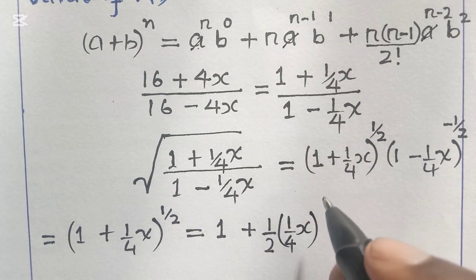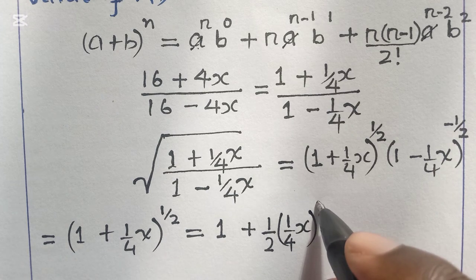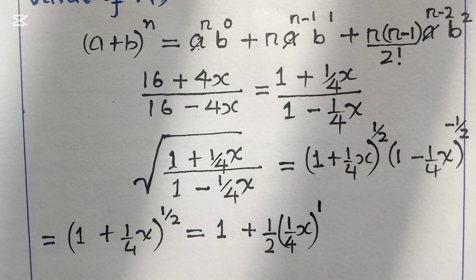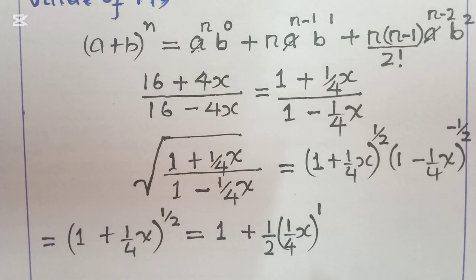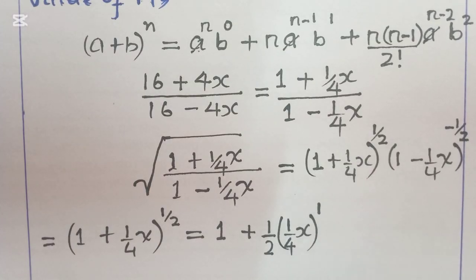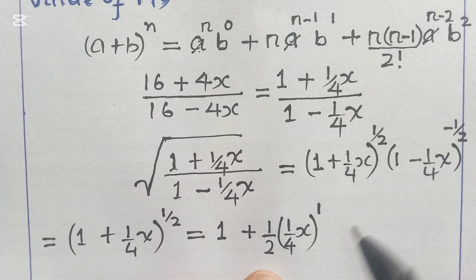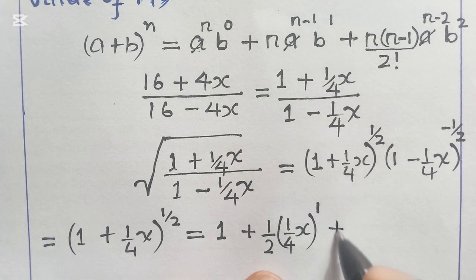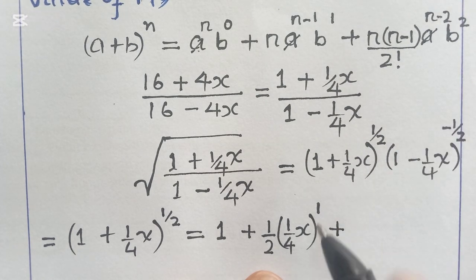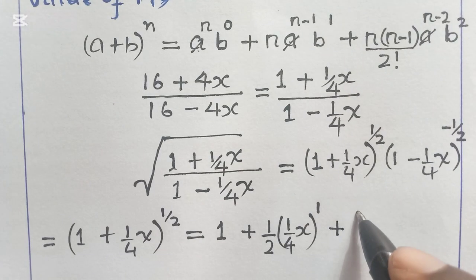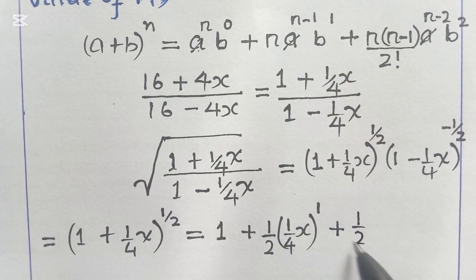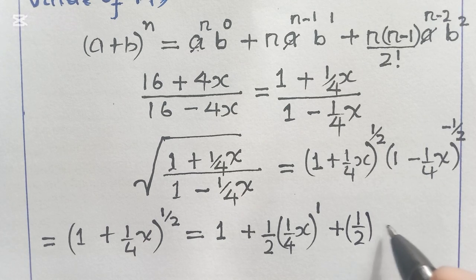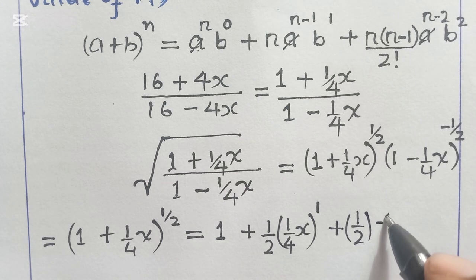This one is now raised to 1, like that. From there, so guys, we now go ahead and we write plus, then we write n, which is a half, and then n minus 1. This one will give us negative a half.